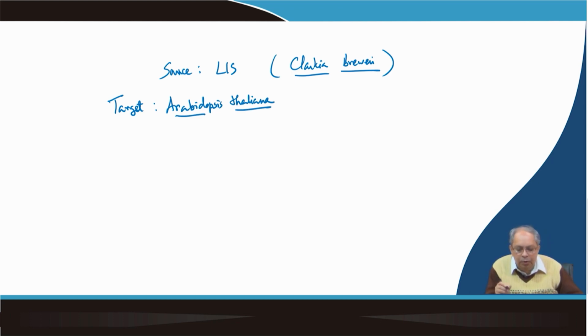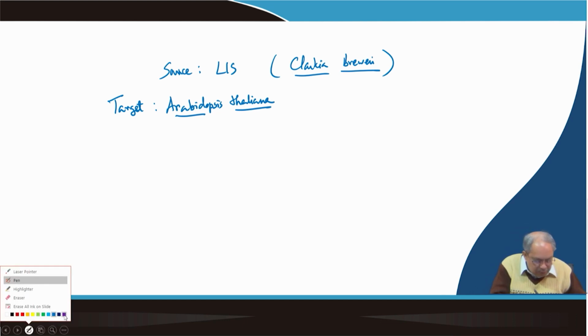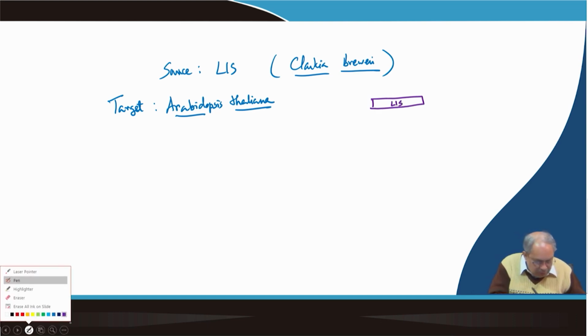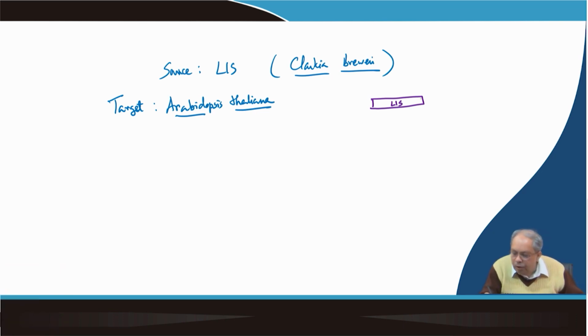So they transferred the linalool synthase gene from Clarkia to Arabidopsis. The method used is simply Agrobacterium-mediated transformation. So, the linalool synthase gene is here. It should be under the control of a promoter and a terminator.